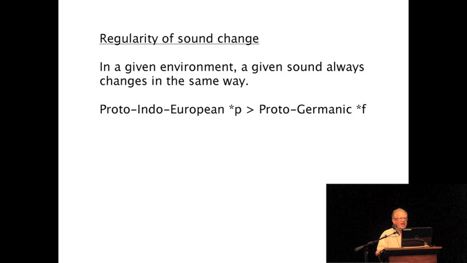So from comparing Latin P, English F, P in most of the Indo-European languages, we can reconstruct that Proto-Indo-European almost certainly had a P in those words, and that in the Germanic languages, by the time you shift from Proto-Indo-European to an intermediate stage, Proto-Germanic, that had shifted to an F.